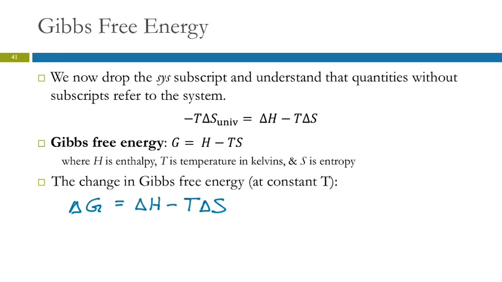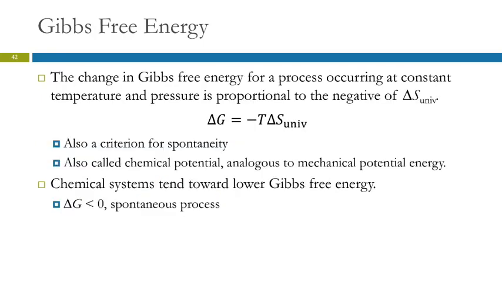Okay? So the change in Gibbs free energy for a process at constant temperature and pressure is proportional to the negative of delta S universe. So this can also be used as a criteria for spontaneity. It is also sometimes called the chemical potential.